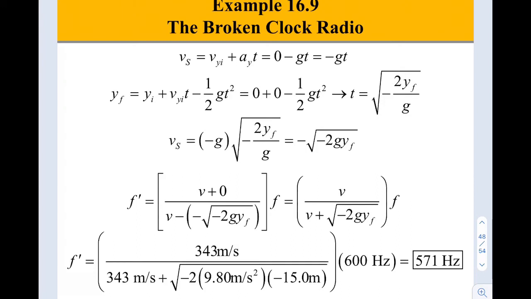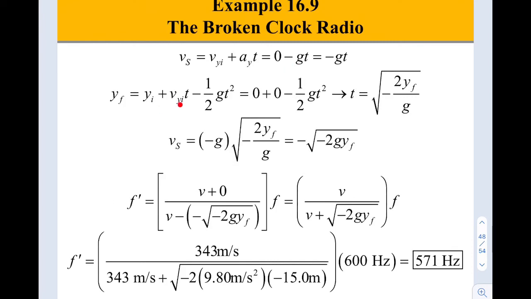First thing first, this involves a free falling case because you drop your alarm clock. So Vs of your clock is equivalent to Vy initial plus Ay t. Vy initial is 0 because you release it from rest, and it is minus g t because it is free falling down, so Ay is equivalent to negative g.